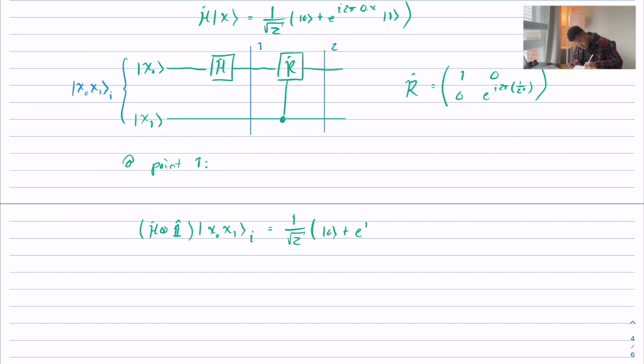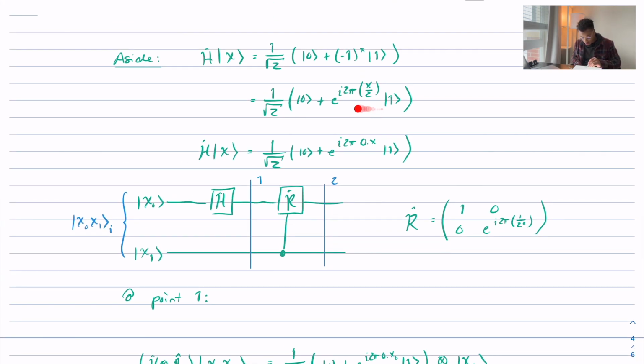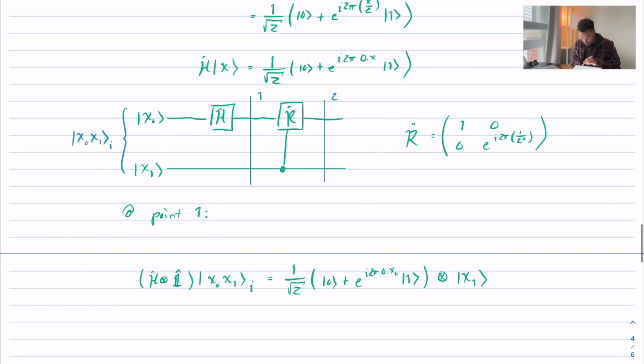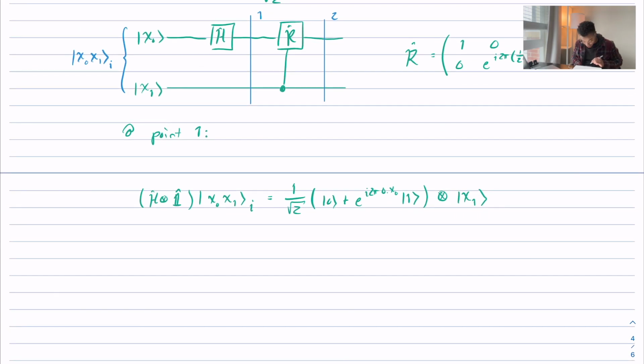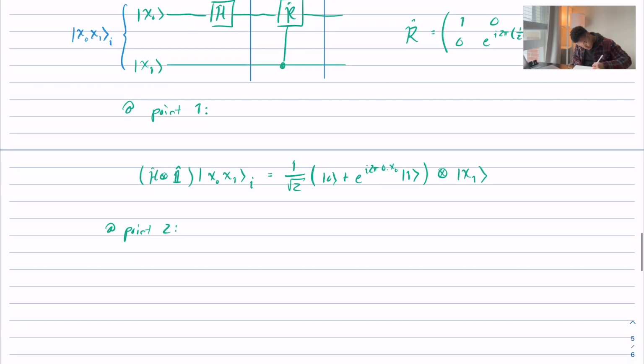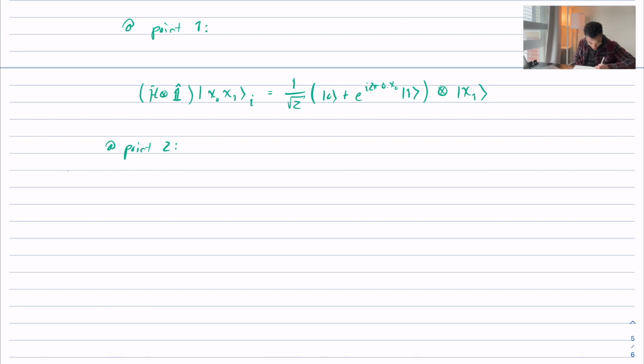state 0 plus e to the i2π 0.x0, then tensor that with x1. And so all we're doing is simply taking the definition that we had up here and applying it down here. And then at point 2, once we've applied the controlled rotation, we can write out a controlled rotation in the following way.